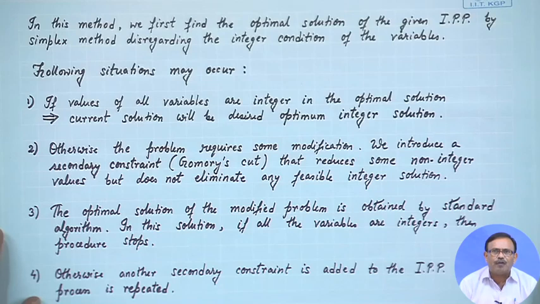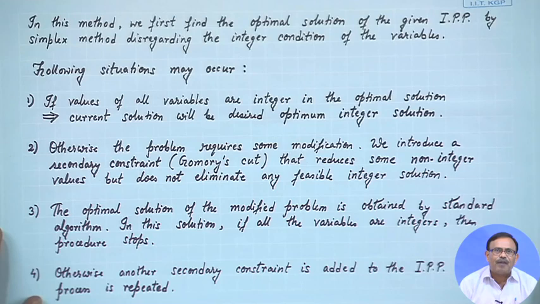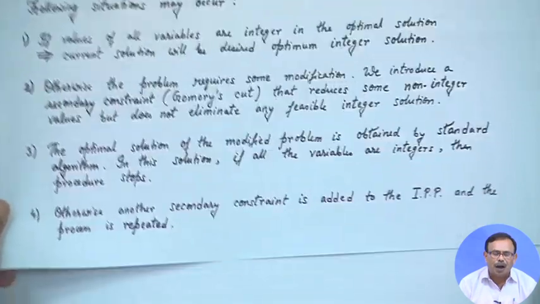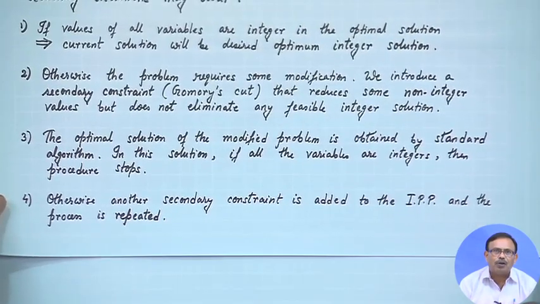Whenever we solve the integer programming problem by the normal simplex method, removing the integer condition, some situations may arise. The first situation: if the values of all variables are integers in the optimal solution, obviously the current solution will be the desired integer solution.